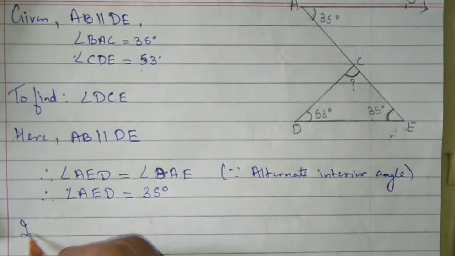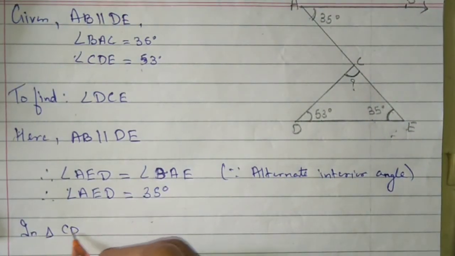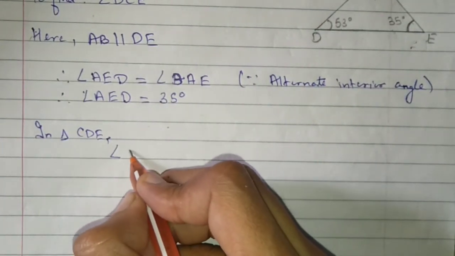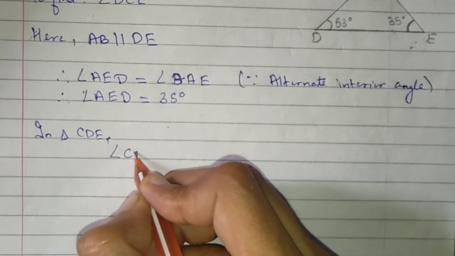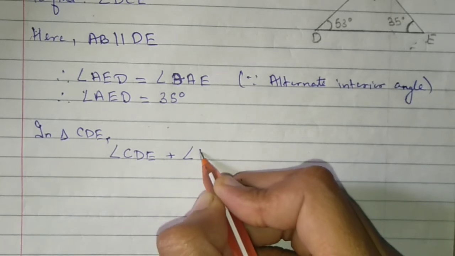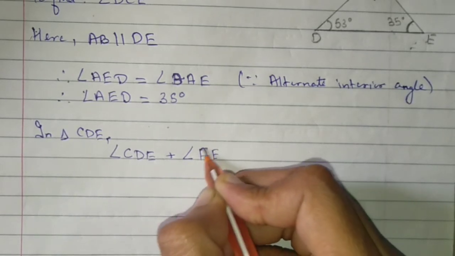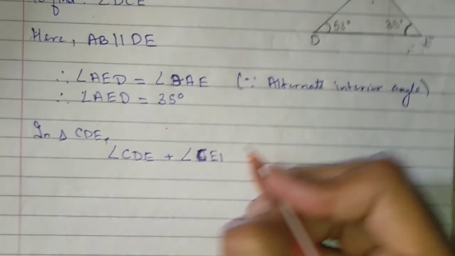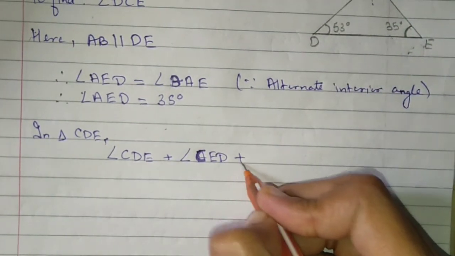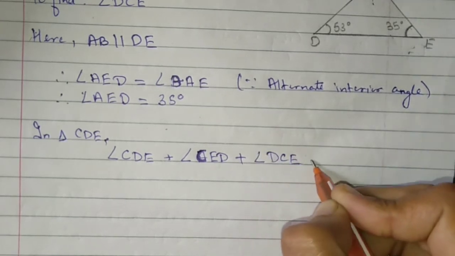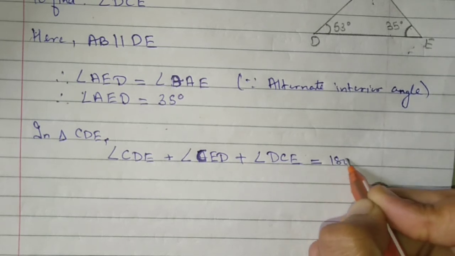So let us write, in triangle CDE, angle CDE plus angle CED plus angle DCE equal to 180.